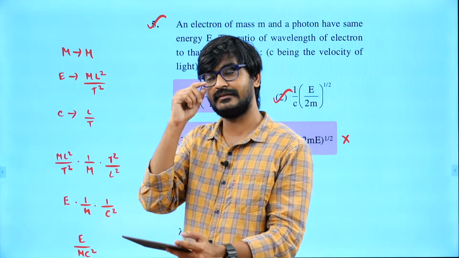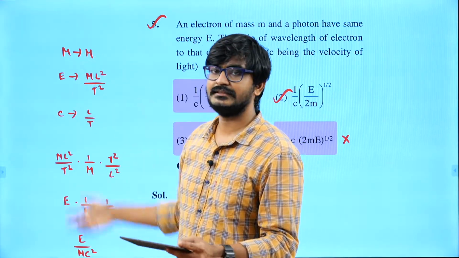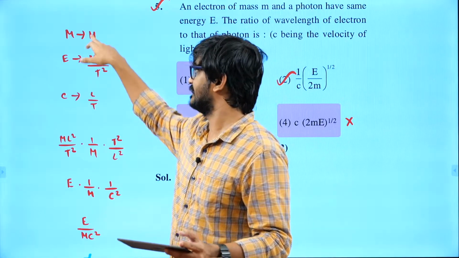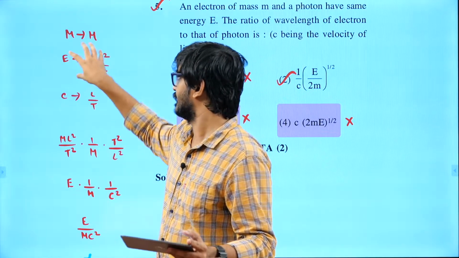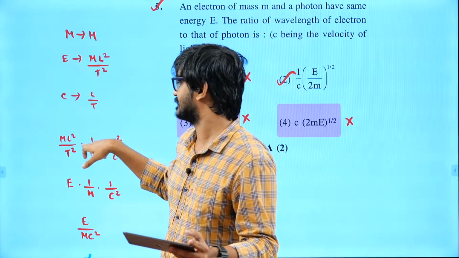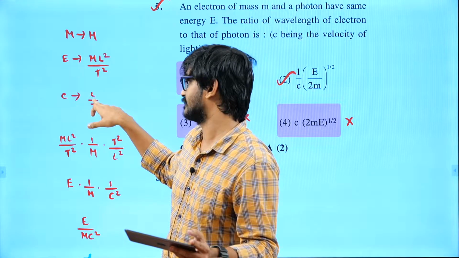So ratio of the wavelengths doesn't have any dimensions. So I need to do something with these three so that I must not get any dimensions. So mass is there only in these two. So what I can do, I can eliminate mass by dividing these two. So energy into 1 by m, so that mass dimensions will go, but still length and time dimensions are there. So what I can do, I can divide L square by T square, right?